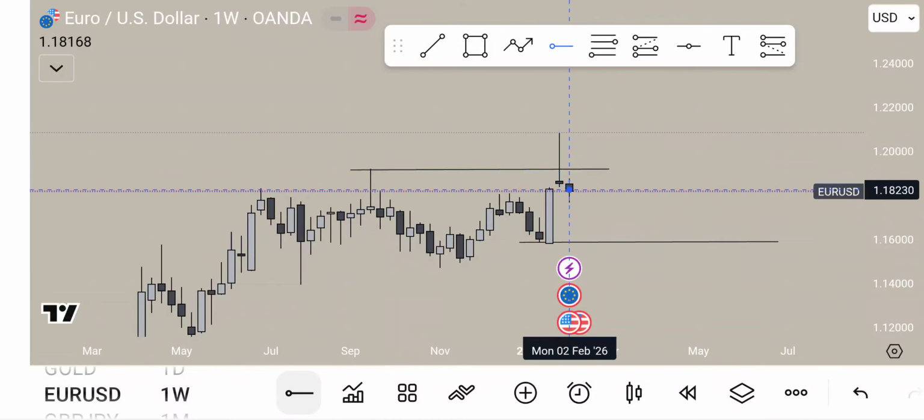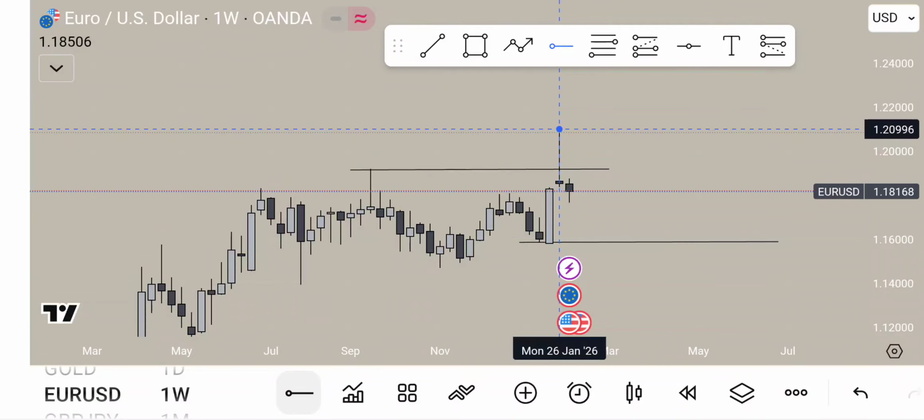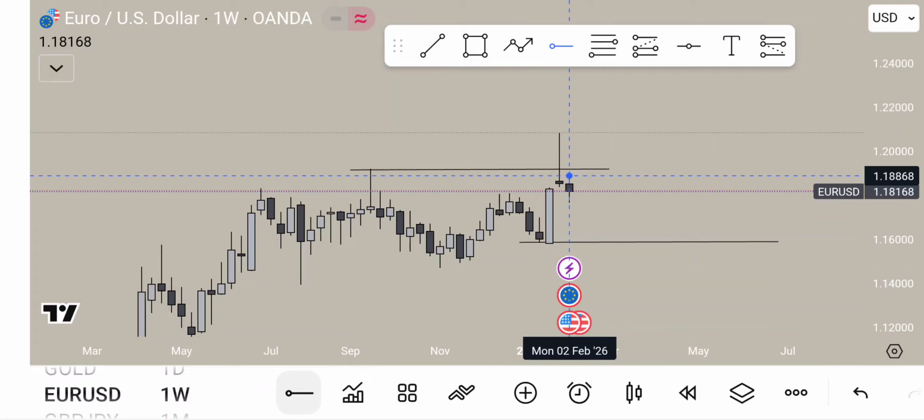What does it indicate? It shows that buyers entered the market and pushed it up to this level, and sellers took over from here. Sellers were very strong and pushed the market down to this level, and then the week closed.